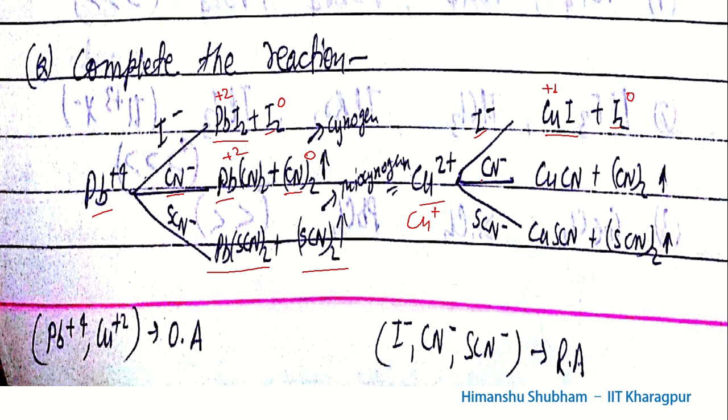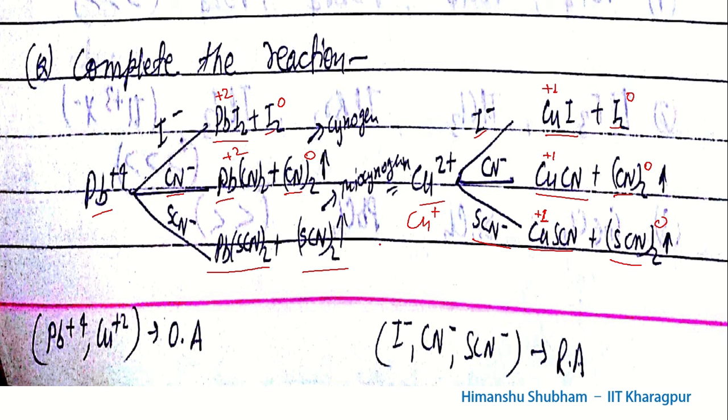Similar would be the reaction between Cu2+ and CN minus, where the product would be CuCN, such that the oxidation state of copper would be +1 and CN would be 0. Similar would be the reaction between Cu2+ and SCN minus, where we will have the products CuSCN and (SCN)2. Here the oxidation state of SCN is 0 and that of copper is +1.